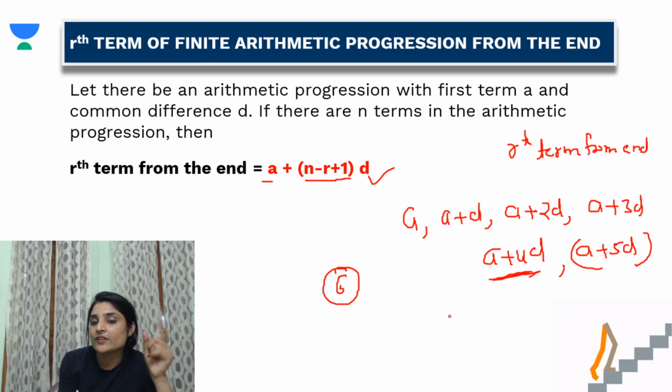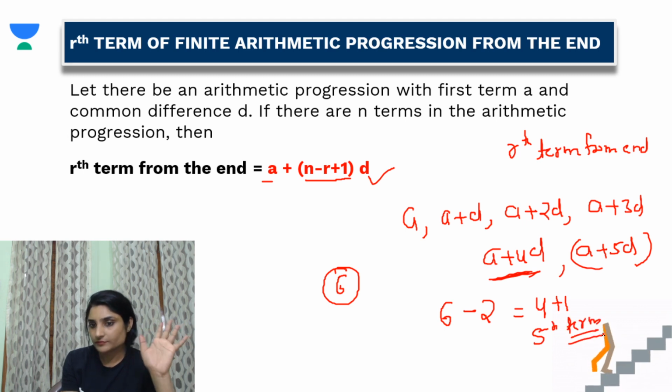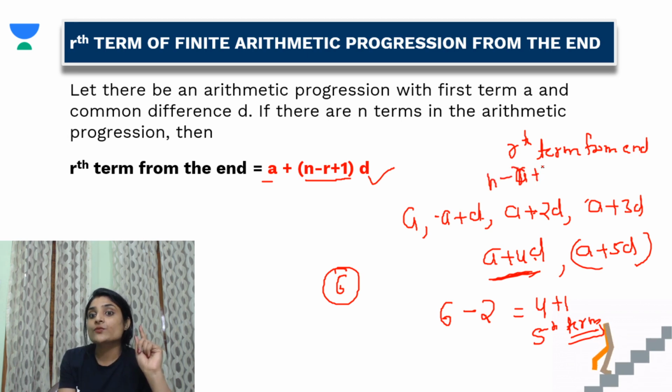Second term from the end will be 6 minus 2, that is 4 plus 1, that is 5th term from the beginning. 1, 2, 3, 4, 5. So rth term from the end will be n minus r plus 1th term from the beginning.